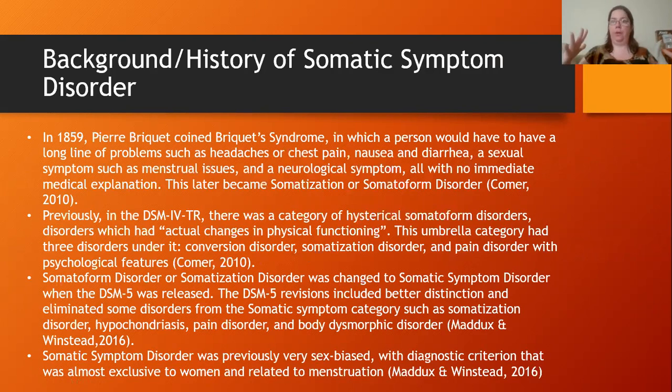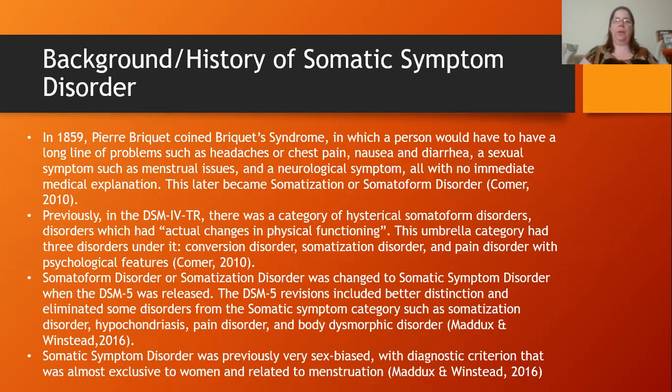And all of these conditions on this laundry list all had to be with no medical explanation. As time went on and language evolved, this later became somatization or somatoform disorder.